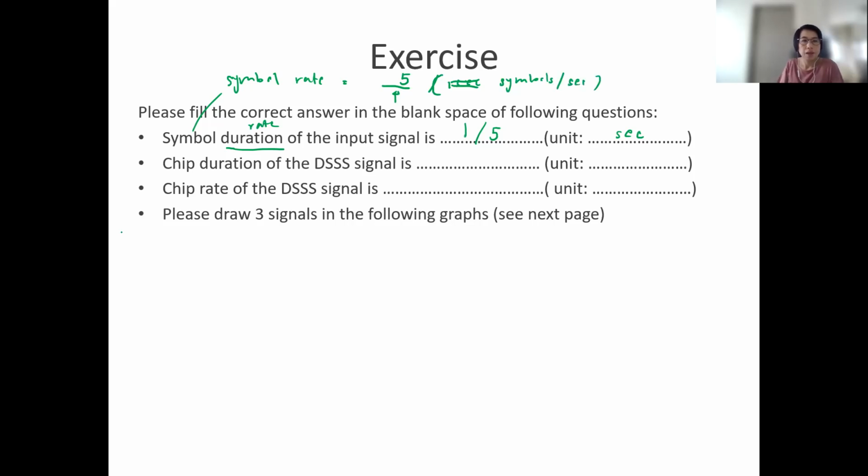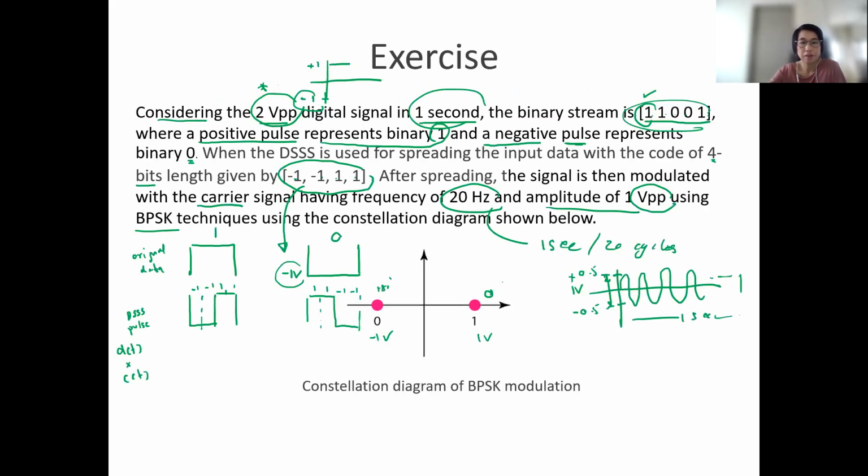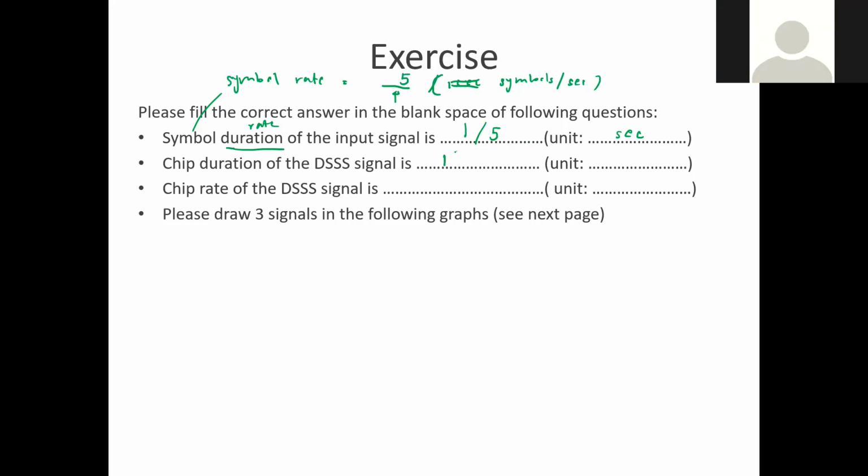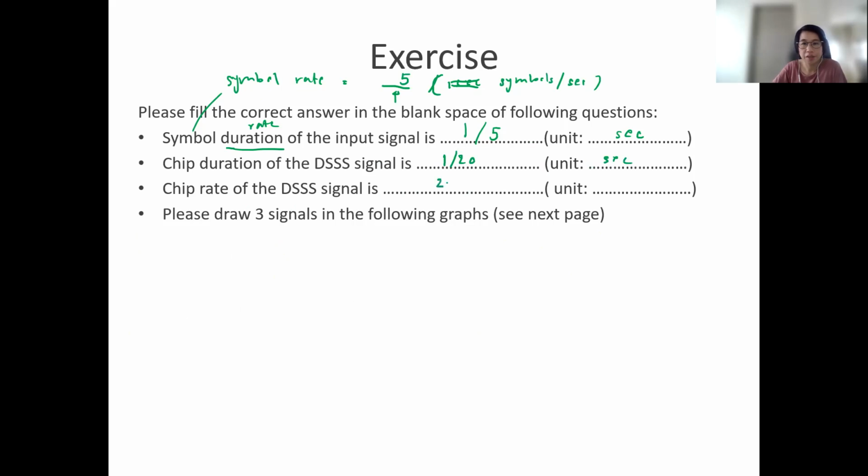The second one, what is the chip duration of this direct sequence? What is the chip duration? It is 1/20, in seconds. And the chip rate will be 20, right?